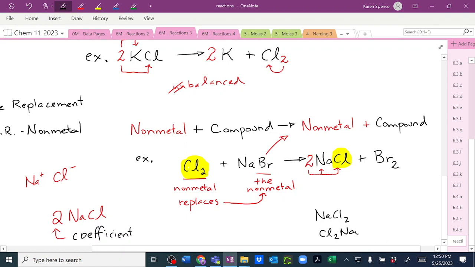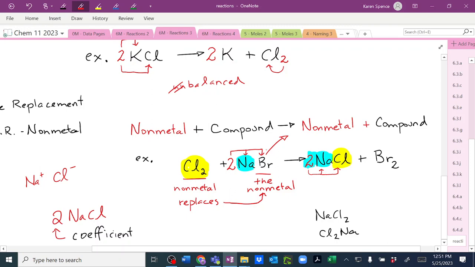Okay, so that number is a coefficient. So we used a coefficient to balance the chlorine. Now we have 2 chlorine on both sides, but what did I mess up in that process? I now have 2 Nas, but over here I only have 1 Na. What could I do to fix that? I could add a coefficient of 2, which now means I have 2 sodium and I have 2 bromine.